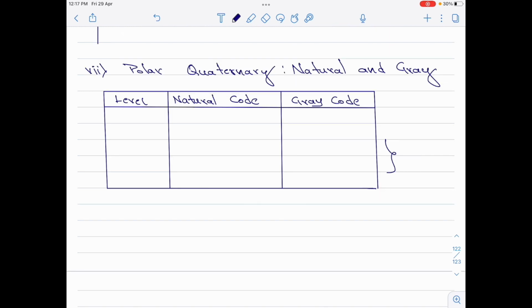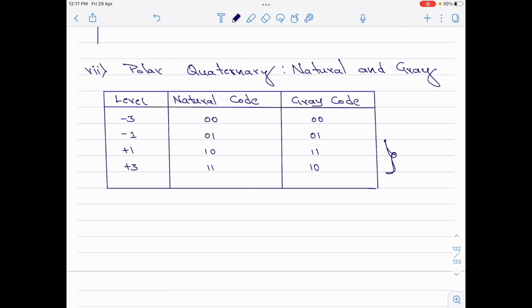The 4 levels are minus 3, minus 1, plus 1, plus 3. In the natural code, minus 3 is represented with 0 0, minus 1 with 0 1, plus 1 with 1 0, and plus 3 with 1 1. In a gray code, it is 00, 01, 11, and 10. Please note, the change is only in the last 2 level code words.